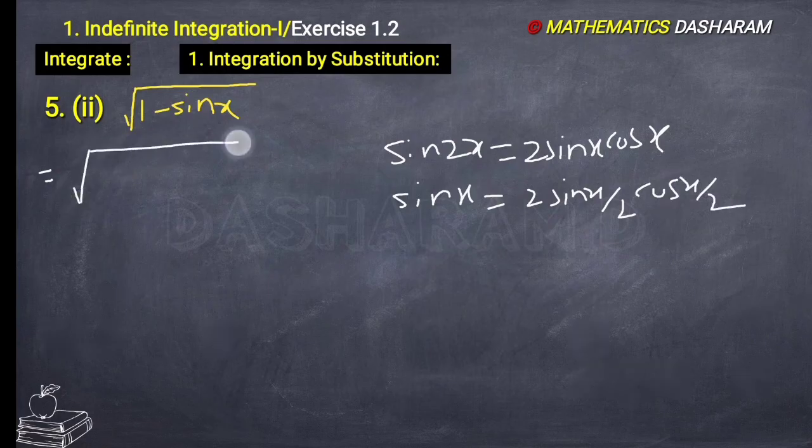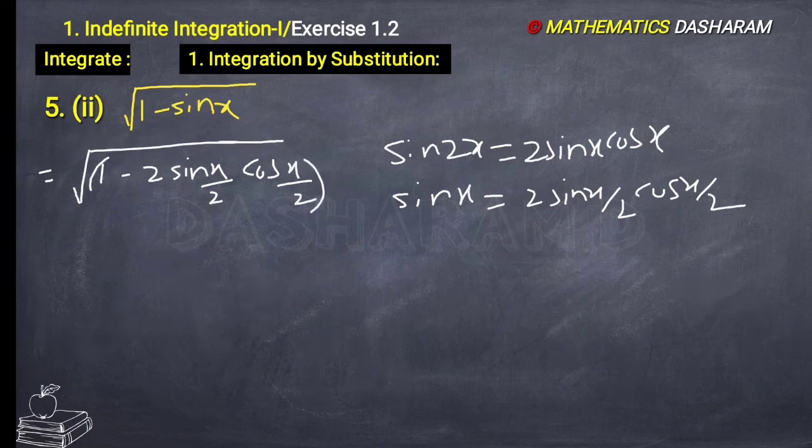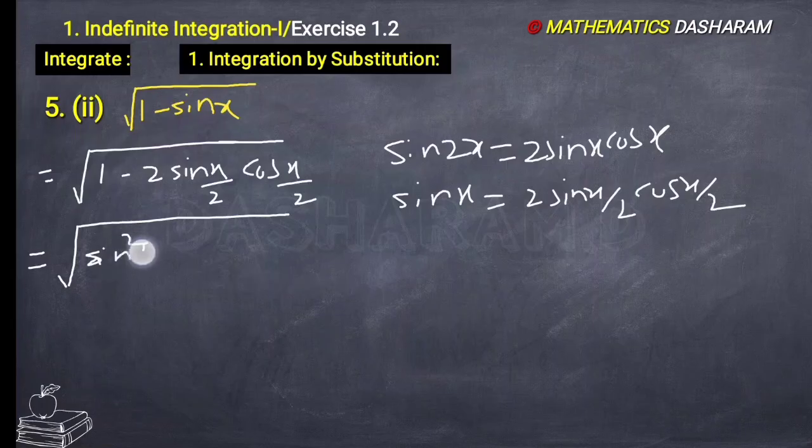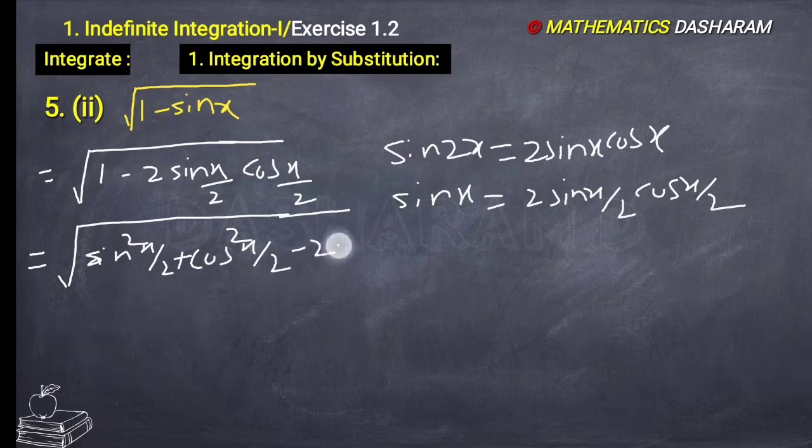So then under root, 1 minus 2 sin x by 2 into cos x by 2. Now to cancel the square root, we need a square term inside. That is why in place of 1 I am writing sin square x by 2 plus cos square x by 2, because it is one of the identities, minus 2 sin x by 2 into cos x by 2.